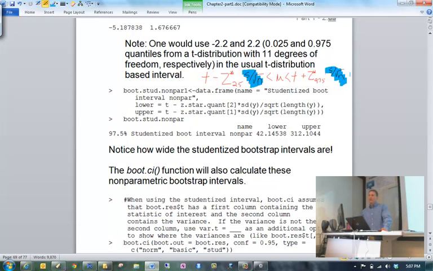So notice here what's being used for V. It's the unbiased estimator. Again, in practice, I would typically use the unbiased estimator because it's unbiased. Why did I use the biased estimator previously?